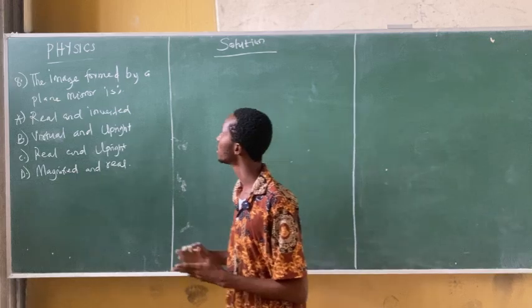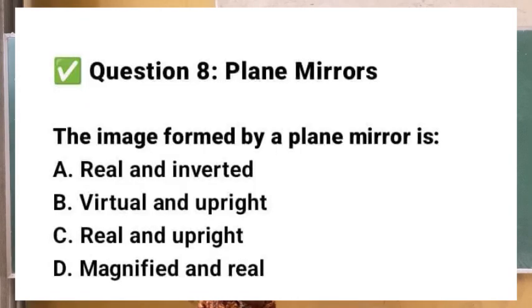Question 8 says, the image formed by a plane mirror is dash. A says real and inverted, B you have virtual and upright, C real and upright, D magnified and real.